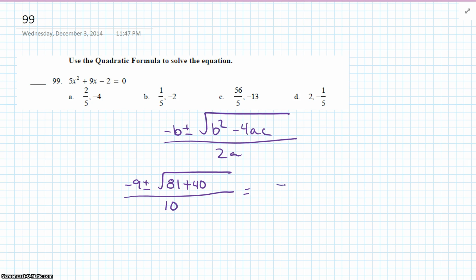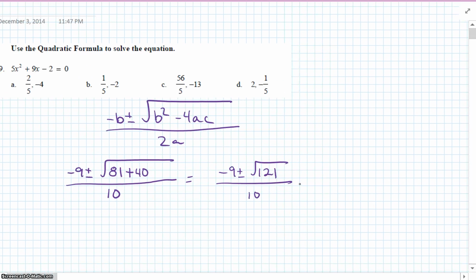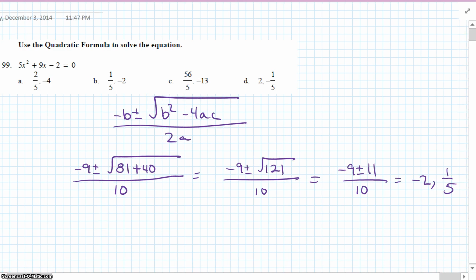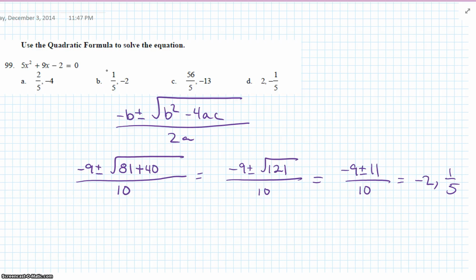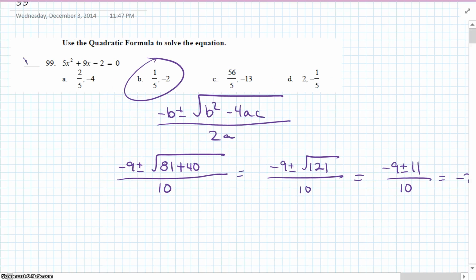So it's going to be negative 9 plus or minus the square root of 121 over 10. Well, square root of 121 is 11. So it's going to be negative 9 plus or minus 11 over 10. So let's do negatives first. Negative 9 minus 11 is negative 20 divided by 10. It's negative 2. Negative 9 plus 11 is 2 divided by 10 is 2/10, which would be 1/5. So 1/5 and negative 2 is what we're looking for. Answer is B.